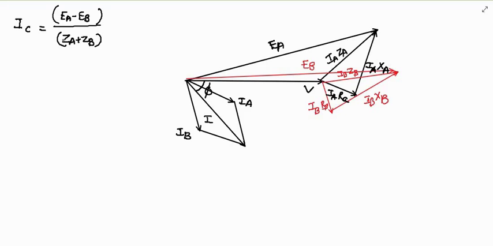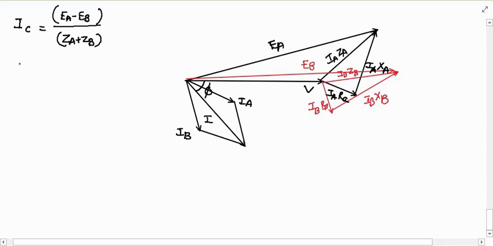As the induced EMF of the two transformers are equal to the total drop in their respective circuit, I can write down EA is equal to IA into ZA plus V2, right? Similarly, what is my EB? EB is nothing but IB ZB plus V2. Now what is my V2?